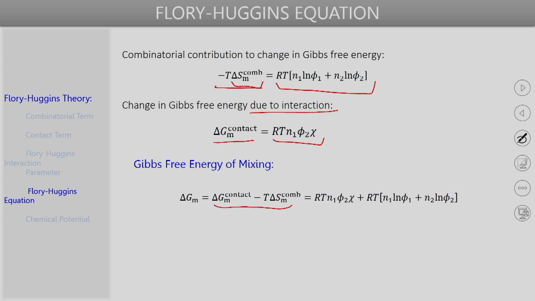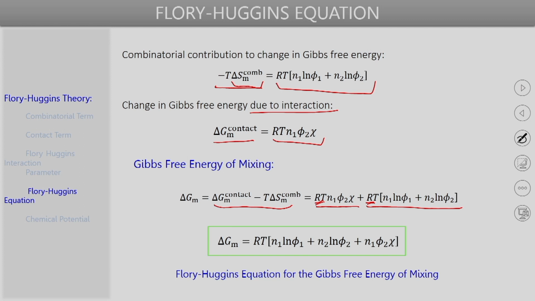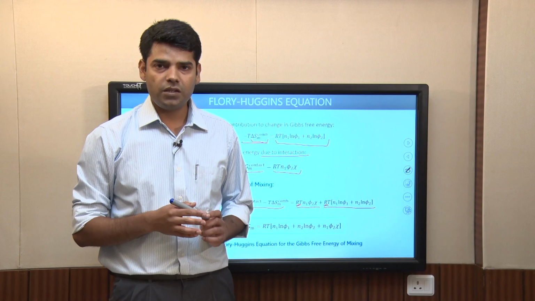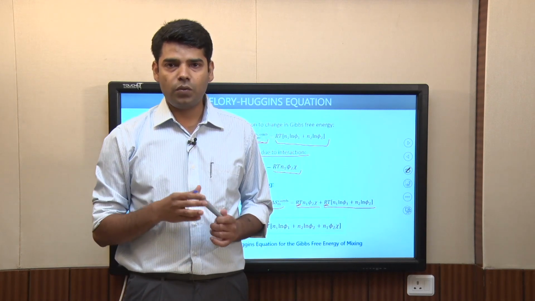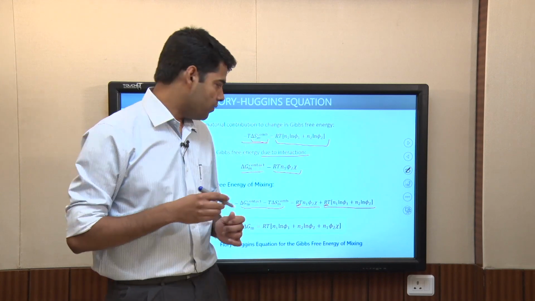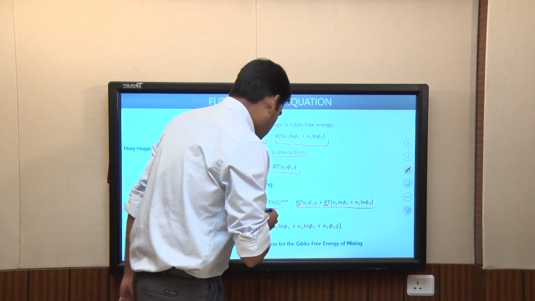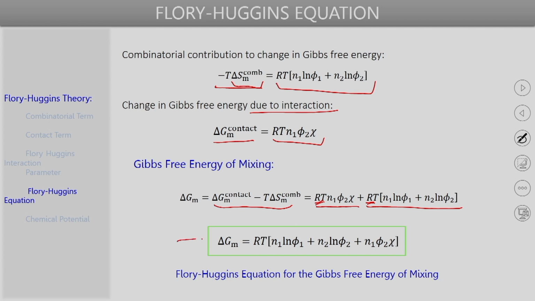RT is common to both of these, so we can take the RT term outside, and the final expression for the Flory-Huggins equation for the Gibbs energy change of mixing is given by RT times N1 ln phi 1 plus N2 ln phi 2 plus N1 phi 2 chi.